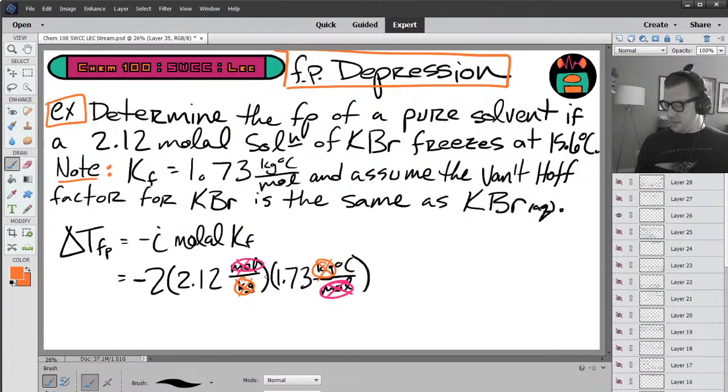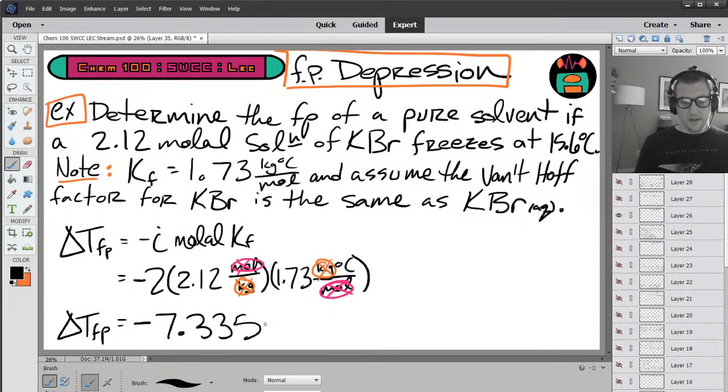So let's see, we got -2 times 2.12 times 1.73 gives us a value of -7.3352 degrees Celsius.